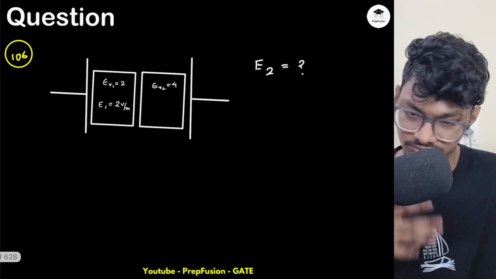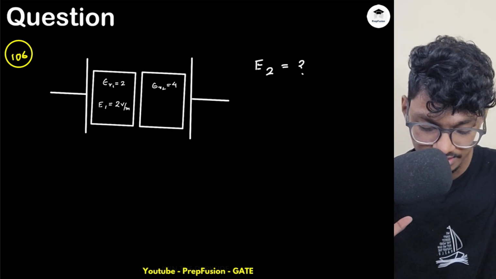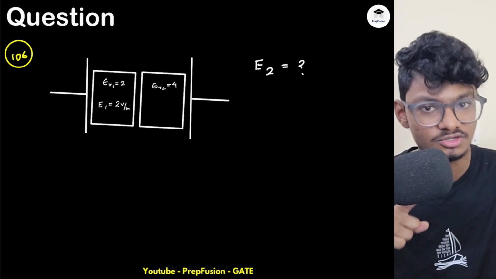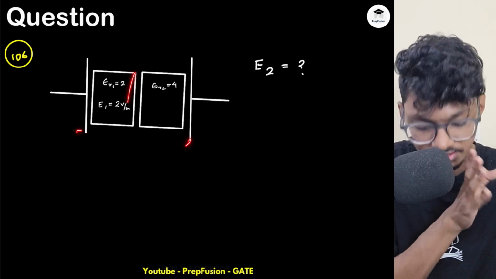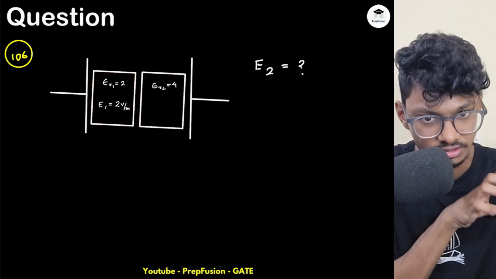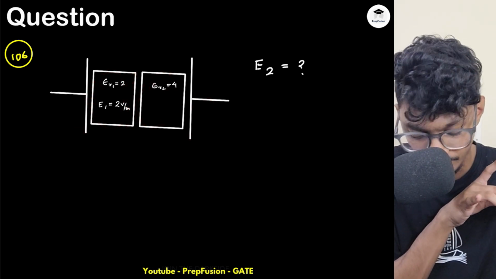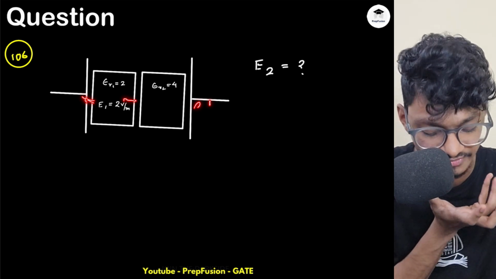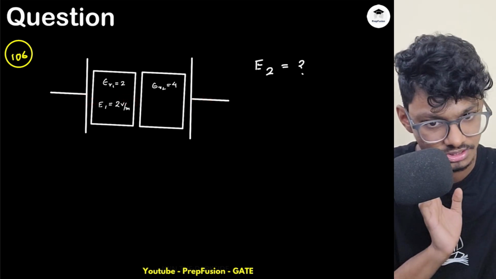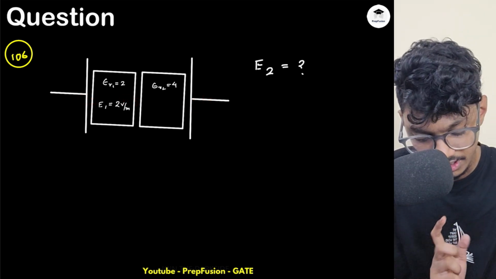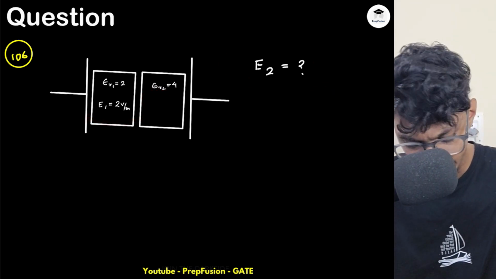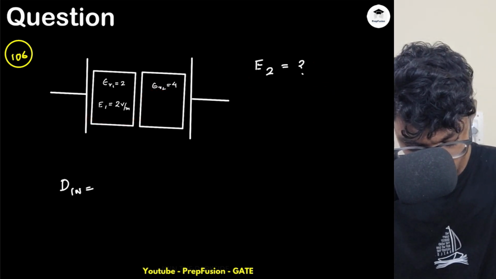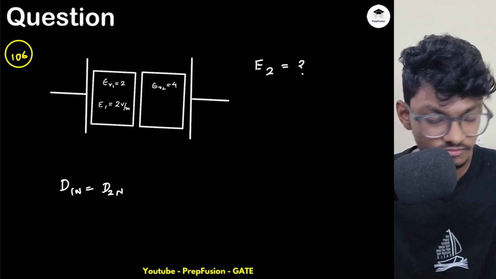So here is the same example, but this time what is this combination? This is a series combination. Why? Because between the two plates I have two dielectrics, and the potential difference is not the same. Between here and here there is some potential difference, and here to here there is some other potential difference. So can we find the electric field in the second dielectric slab? Again I'll use the normal condition. I know D1n should equal D2n, which is the complete electric field.